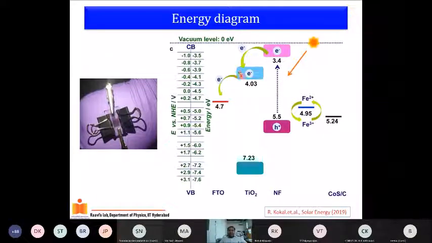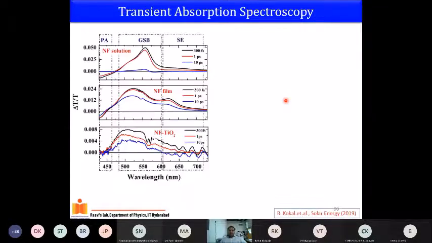In fact, titania has a higher conduction band compared to the FTO Fermi level, and so you have this kind of nice electron injection possible. Then we used the so-called ferrous liquid electrolyte, not the iodide liquid electrolyte, as a hole transport material for studying the overall picture. Okay.